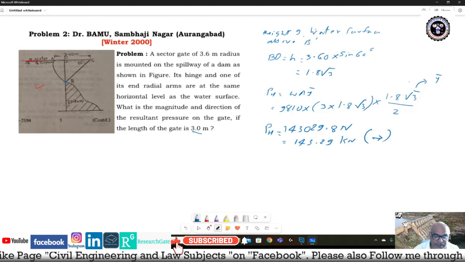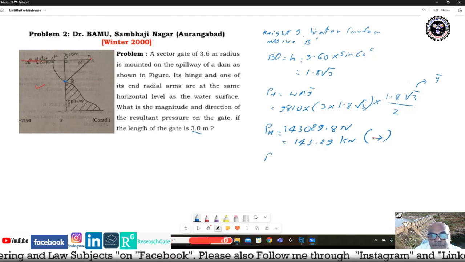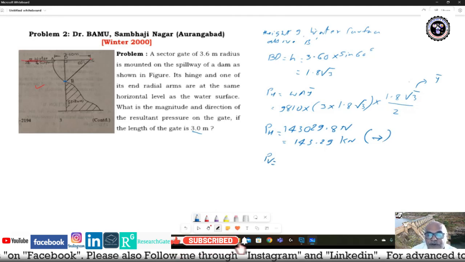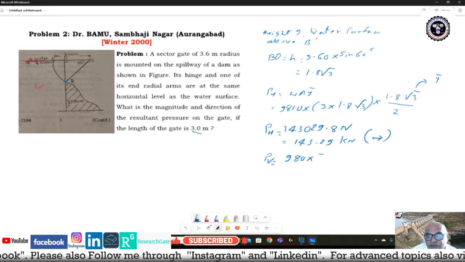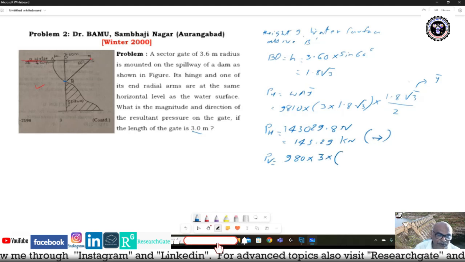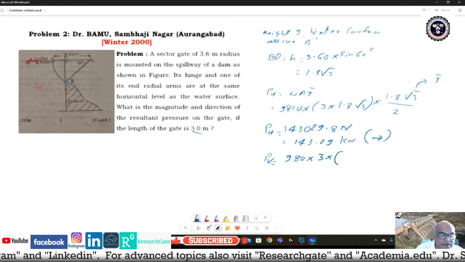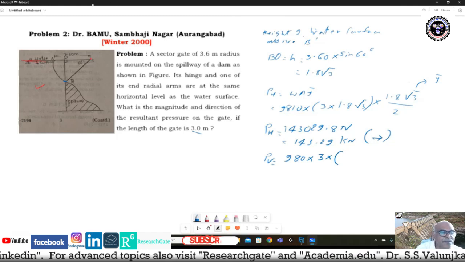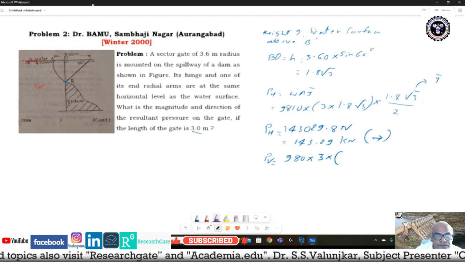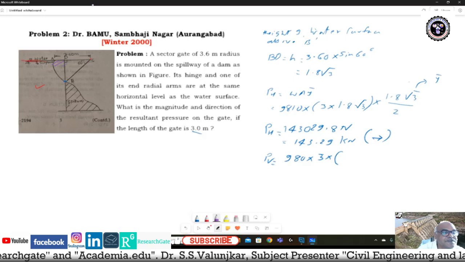And PV, for this sector gate, is 9810 multiplied by the width of the gate, 3 meter. Now what we have to do is take the weight of the body of this particular shaded portion.